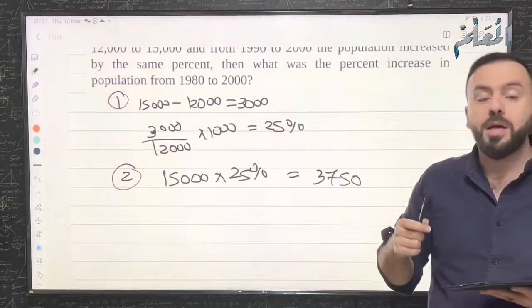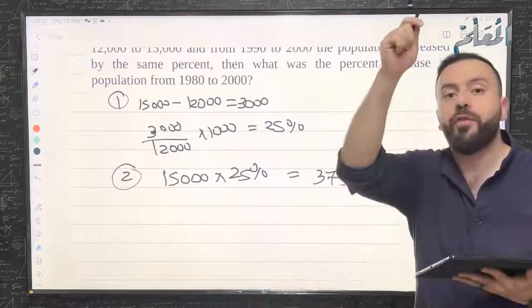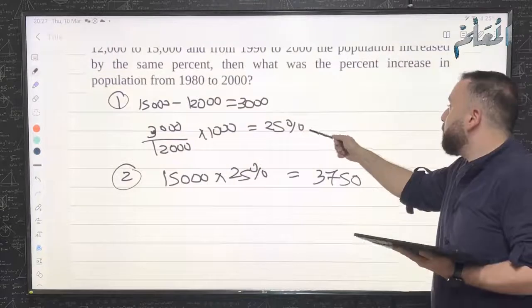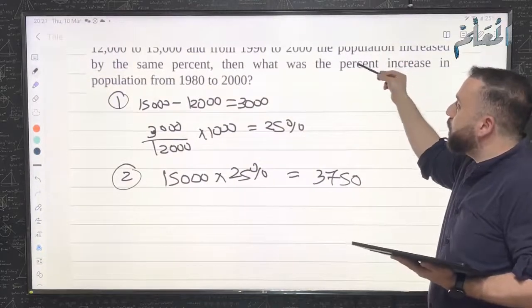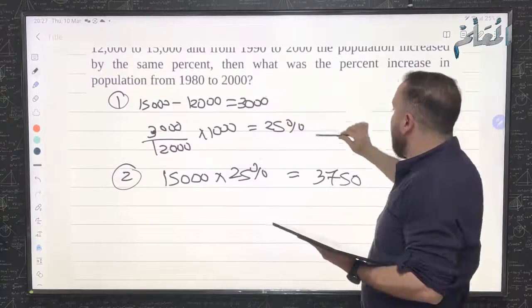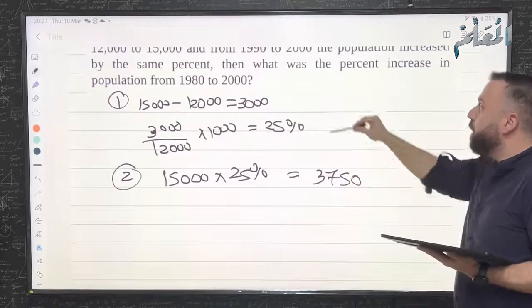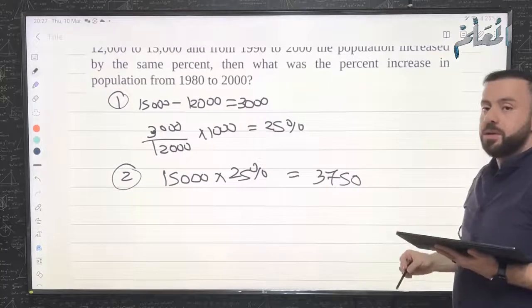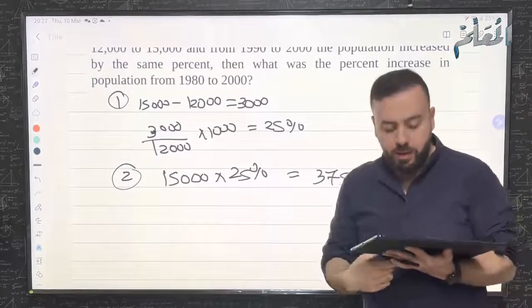The total number of people that enter this population, starting from 3,000 and then ending up with 3,750, the two numbers indicate one thing. What is it?